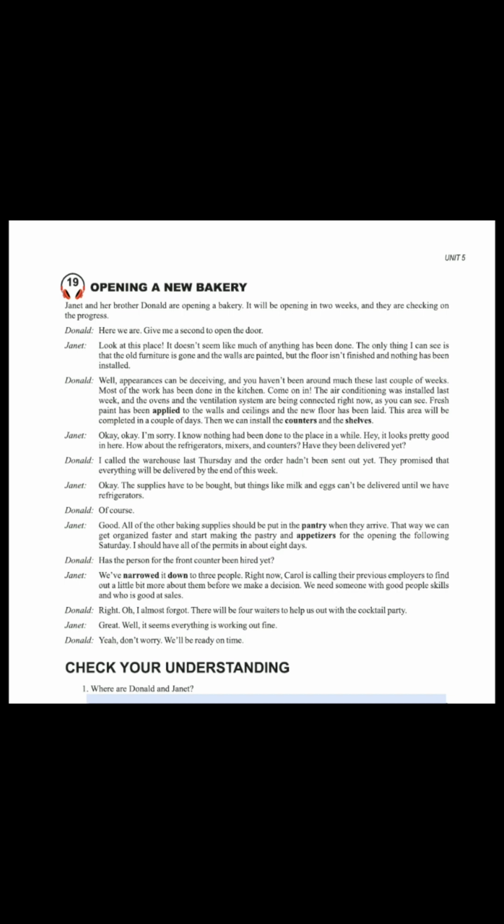Donald says, "Right? Oh, I almost forgot. There will be 4 waiters to help us out with the cocktail party." Janet says, "Great. Well, it seems everything is working out fine." Donald says, "Yeah, don't worry, we'll be ready on time."